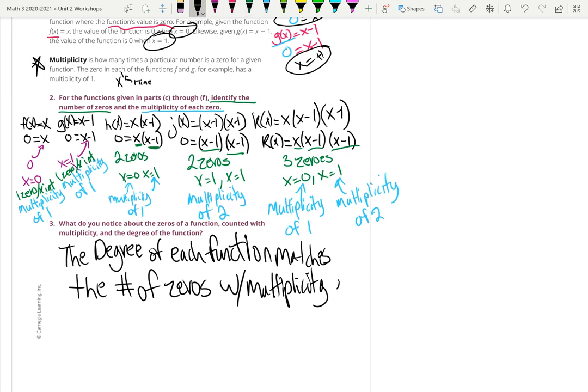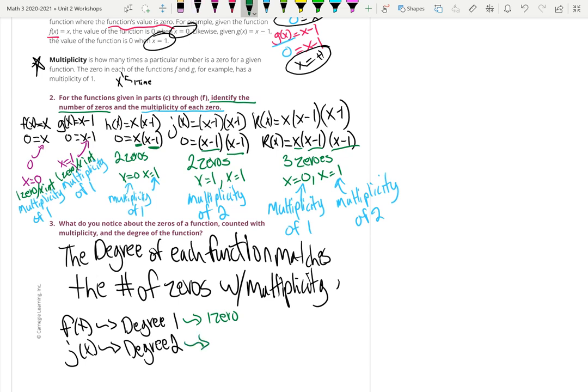Here in f of x, it was degree 1. It has 1 zero. Notice how it matches? But the difference is in j of x. It is degree 2.